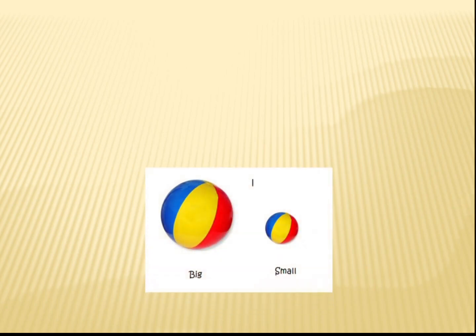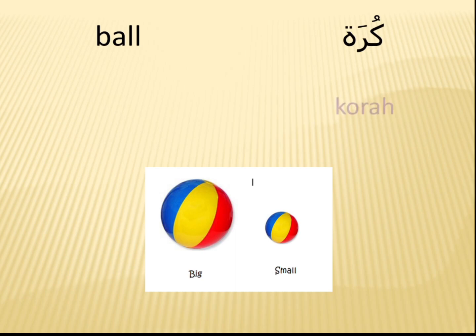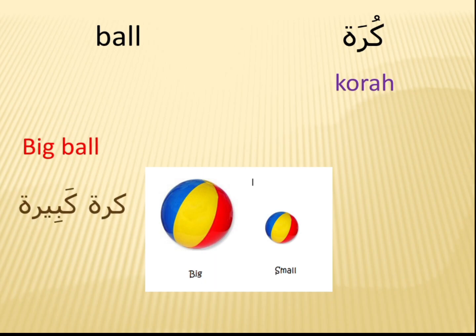Let's move to a new word, which is ball. Ball means كرة. The word كرة ended with تاء مربوطة, so we understand that this is a female word, a feminine word. On the left, there's a big ball. كرة كبيرة.